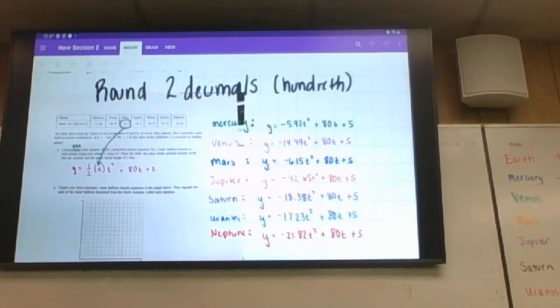Identify A. Oh, we're not supposed to write. Yeah.